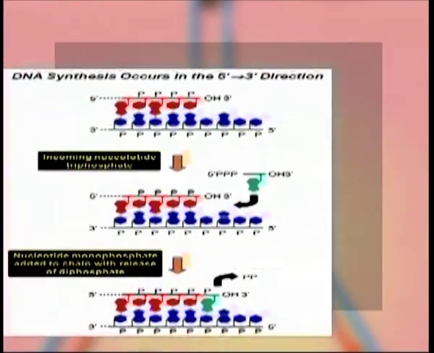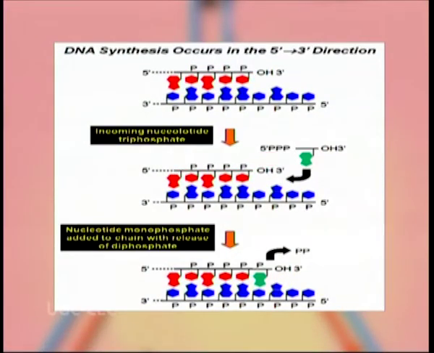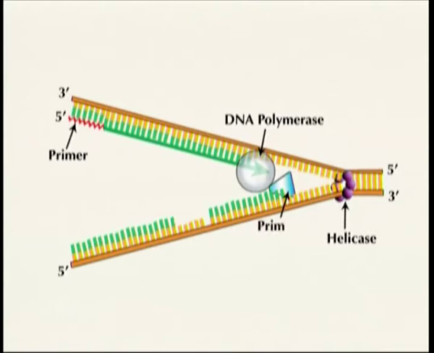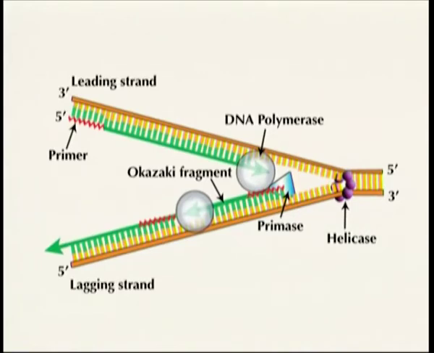A new nucleotide is added to an existing oligonucleotide at the 3' OH group. For the formation of a new strand, a single-stranded DNA is required, which is to be copied and is known as the template. The enzyme thus depends on a template DNA and is referred to as the DNA-dependent DNA polymerase.